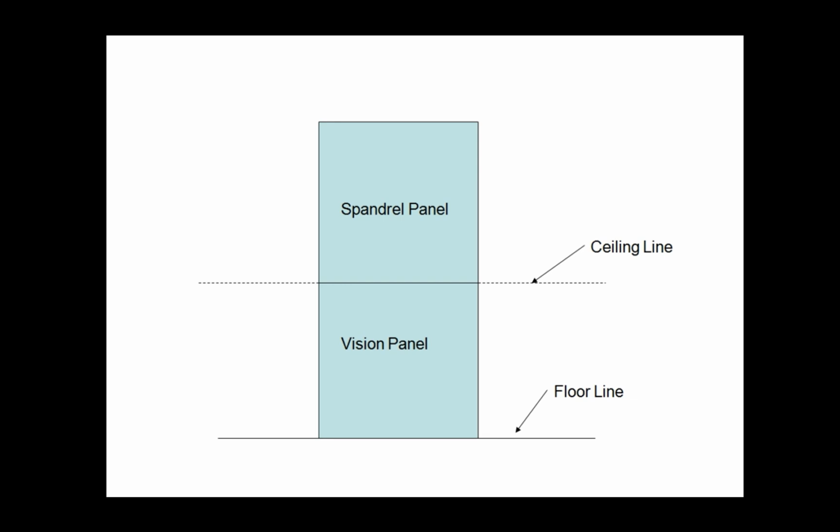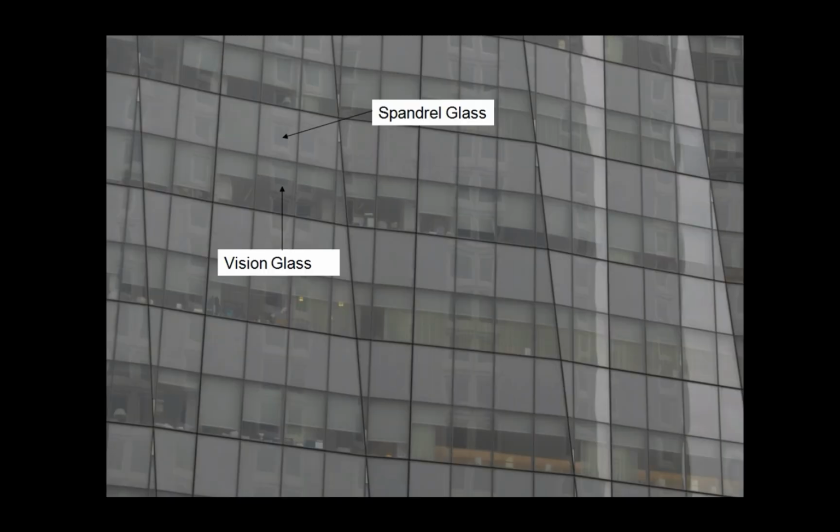So it's a different makeup, different material. Here you can see there's the vision glass, then the spandrel glass, vision glass, spandrel glass, and it goes up in that pattern as you go up. It's almost the same color. Try to get it to match as well as you can, unless you're intentionally trying to make definition between floors of your building.